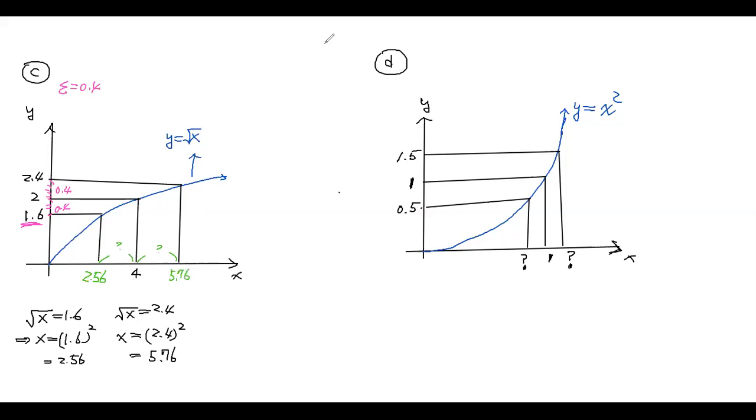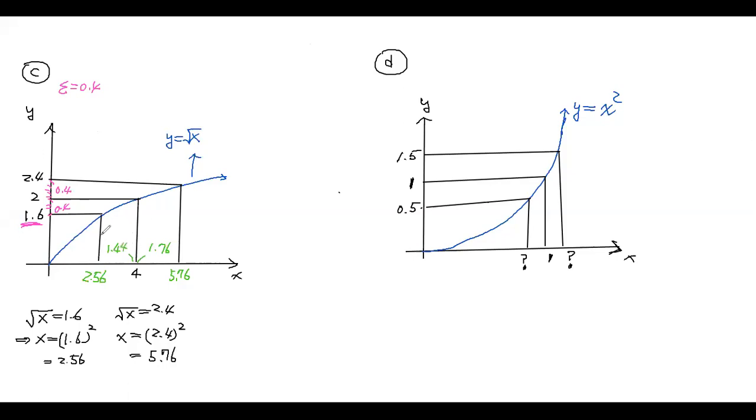Now, from the previous, I know if this is 5.76, so what is the distance here? The distance here is 1.76, right? And what is the distance for here? So the distance here is 1.44.